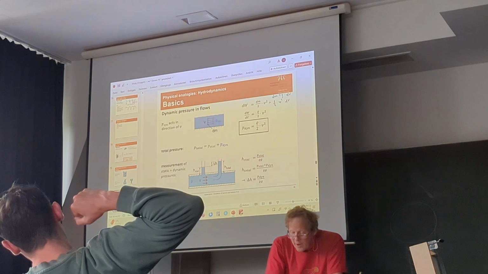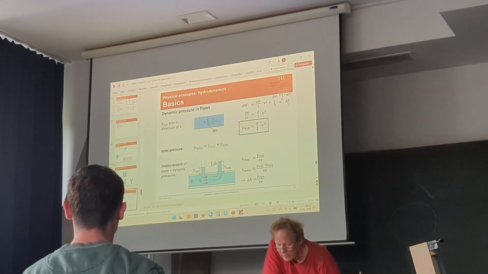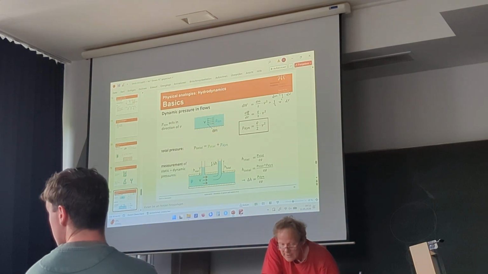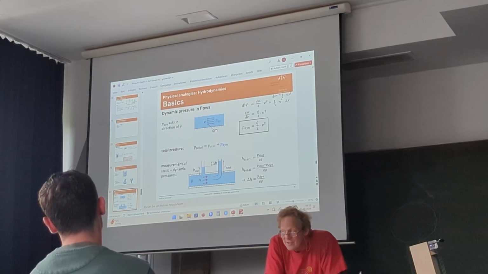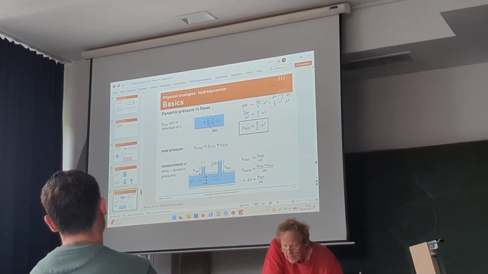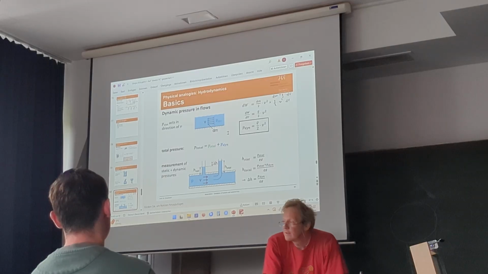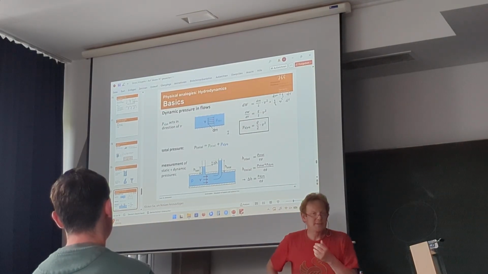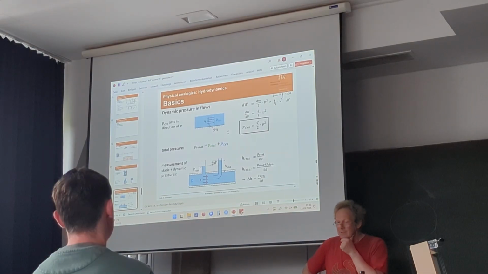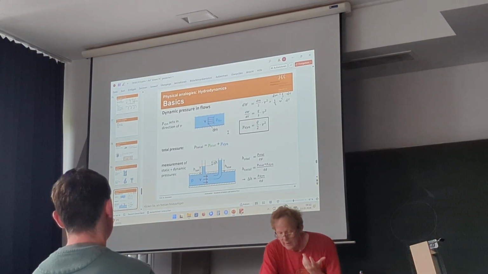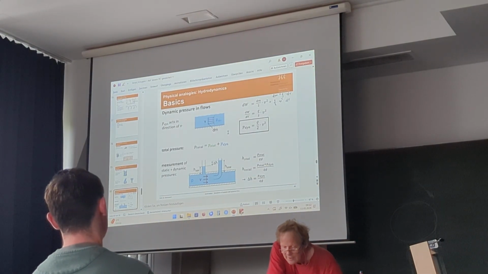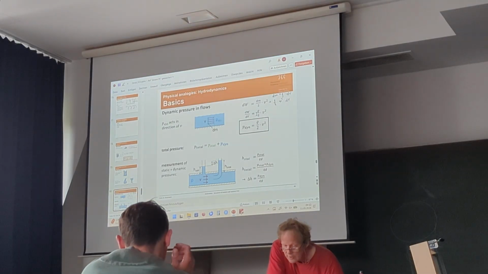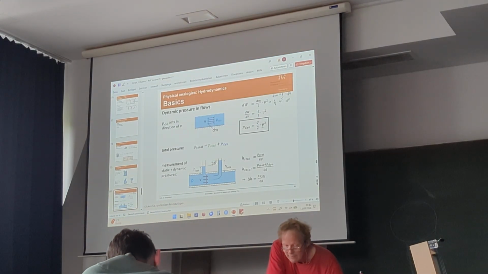And now we can just divide by this very small volume, and we get an energy density, you could say. And as we defined two or three slides ago, an energy density can be interpreted as pressure. In this situation, this is then the dynamic pressure. So that's just rho by 2 times velocity squared.